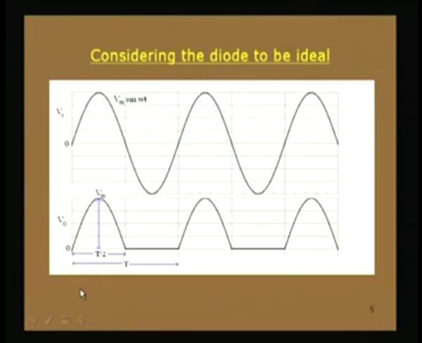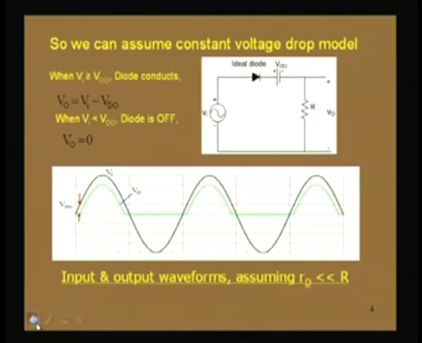For that purpose we will be again assuming the diode to be ideal, because as I have mentioned, if I exactly want to find out the output DC voltage, then I cannot integrate simply between 0 and capital T by 2, because for a small portion we see that the current is not there, that means 0 current.